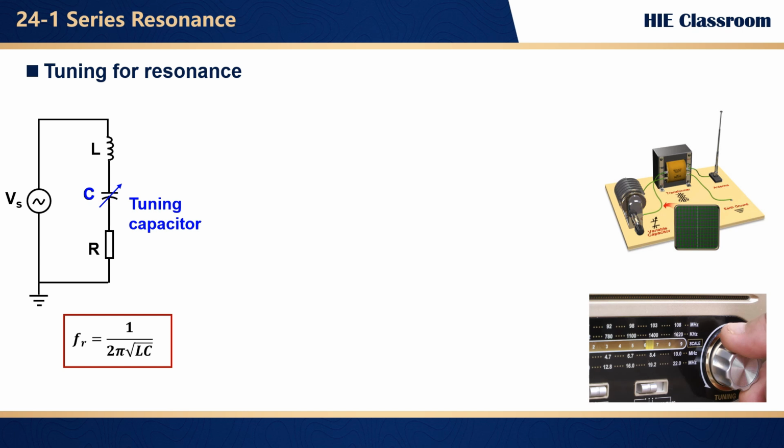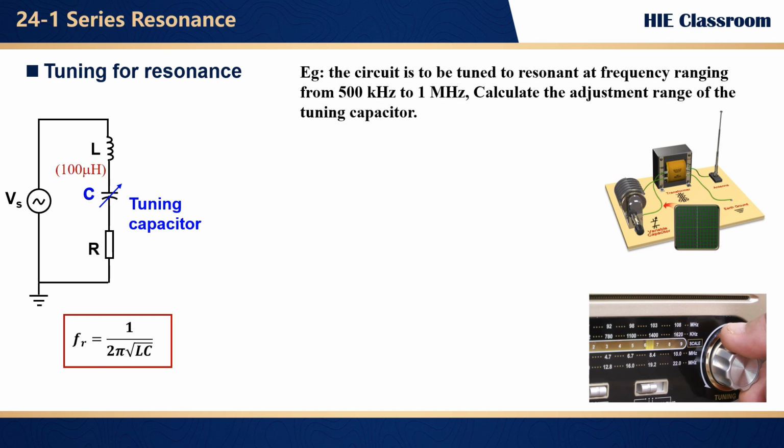Let's put this to the test with our real examples. We need to tune our circuit to resonate at frequencies ranging from 500 kHz to 1 MHz. Think of it like flipping through stations on a radio dial, trying to catch different stations. Our goal is to figure out the range of values for the tuning capacitor to make that happen, with an inductor L of 100 microhenry.